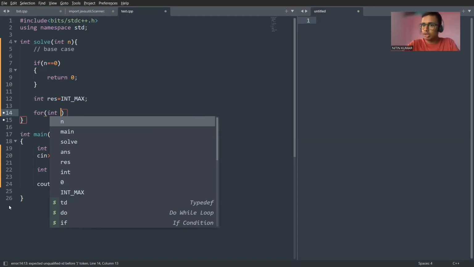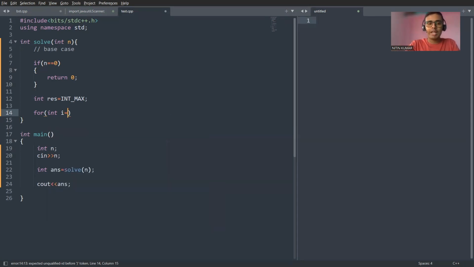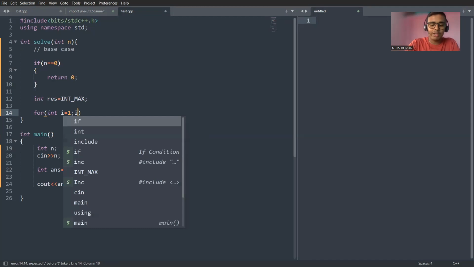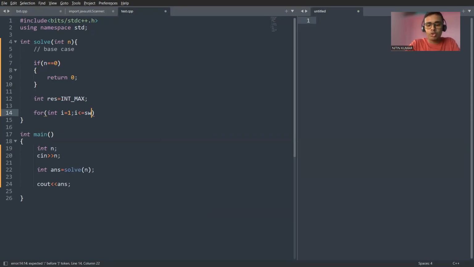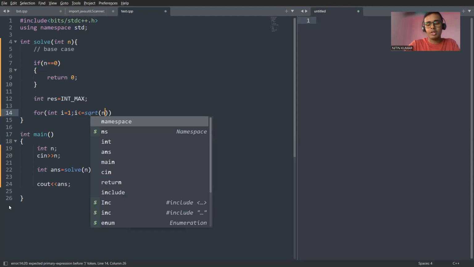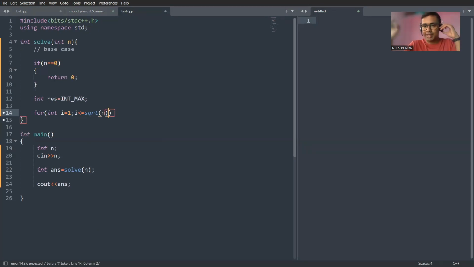And how will I get all the possible values? The value will start from 1, and it will go till the square root of my current n. So whatever the current n I am working on, I will go till the square root of this n. And after every possible way, I am incrementing my i by 1.